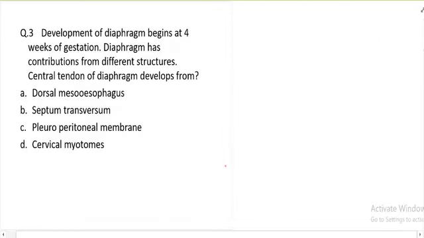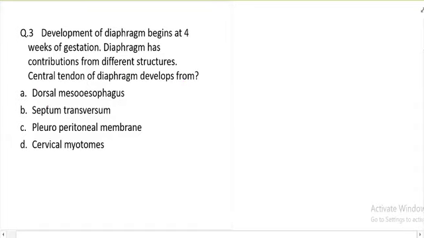Next question. Development of diaphragm begins at 4 weeks of gestation, and diaphragm has contribution from different structures, and out of these structures central tendon develops from what? These are different structures which give rise to 4 structures.